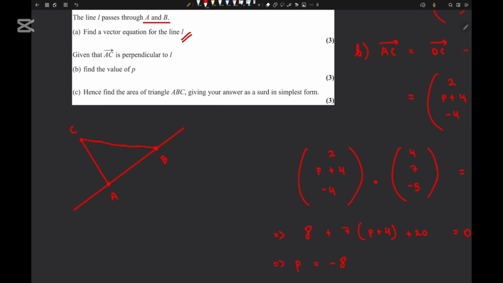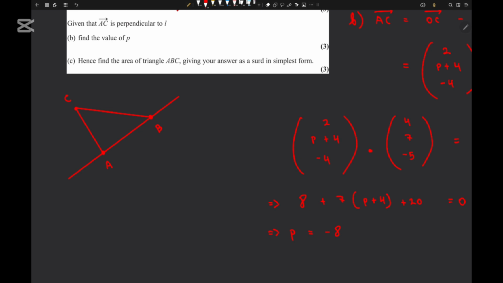This forms a right angle triangle. So now we just need to find the length of AB and AC and use the formula half base times height to calculate the area.